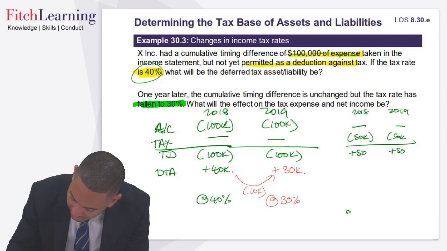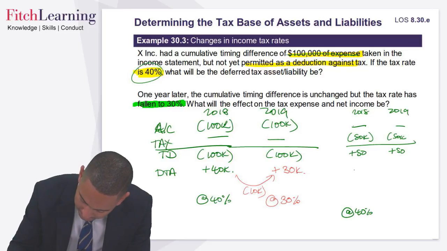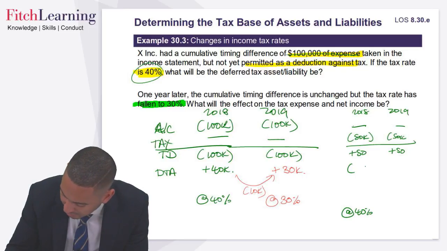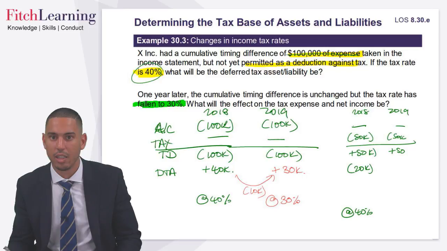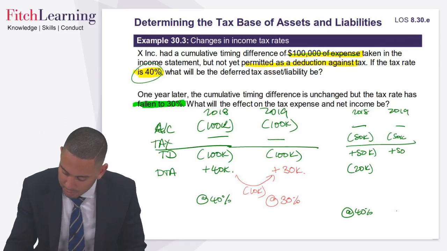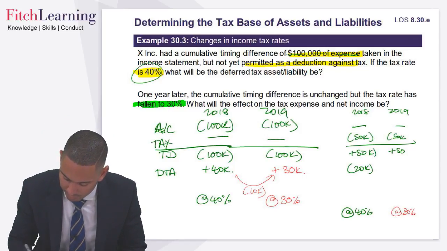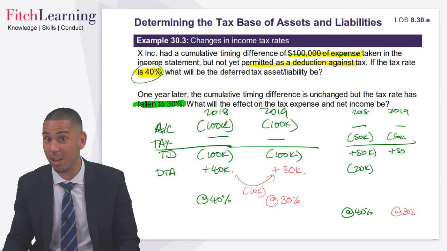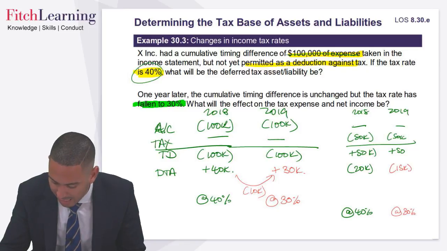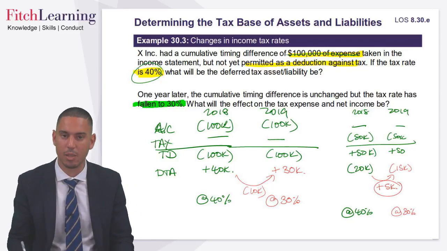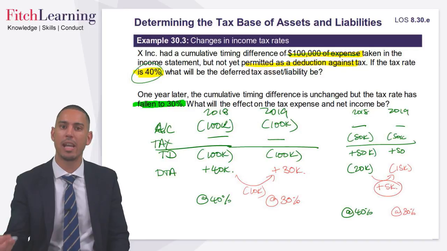And my tax rate at 40% is going to give me a deferred tax liability of 20k. Then if my rates drop to 30%, this liability, when I pay it off, I'm only going to have to pay it off at a 30% rate. This is going to drop to 15k. And this drop in my liability, that positive 5k, is going to be taken through as taxable income during the period.